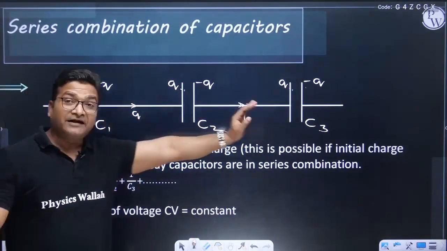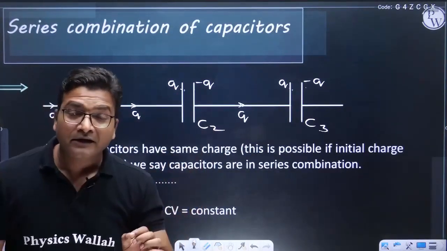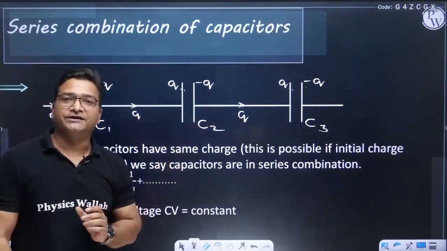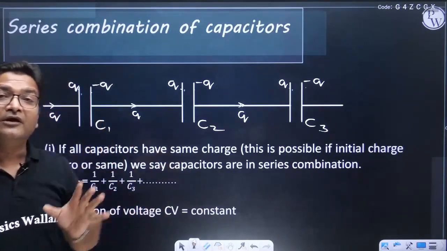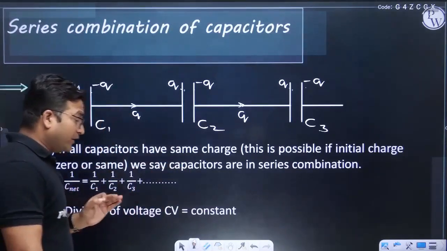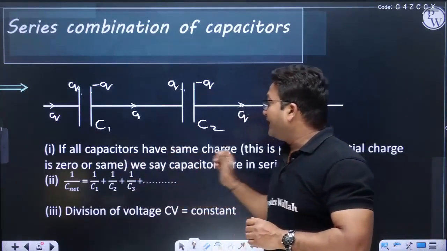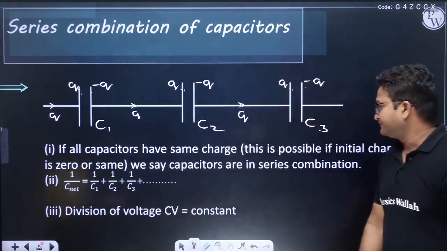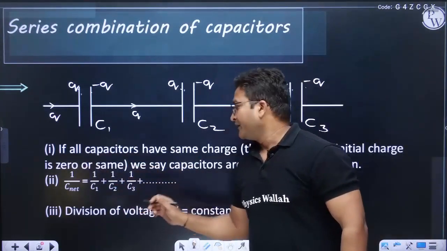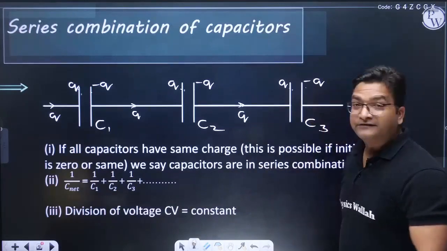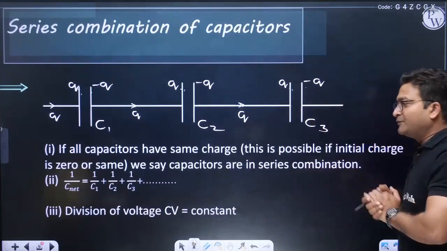The charges on the capacitors will be the same if they have no charge initially or they have equal charge initially. If they have unequal charge initially, they will not be called in series. So remember this point: if all capacitors have the same charge, which is possible if the initial charge is 0 or the same, we say the capacitors are in series combination.